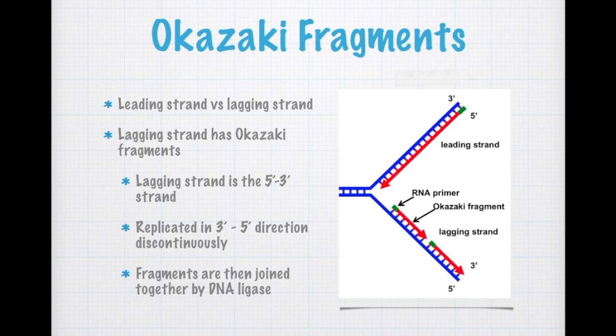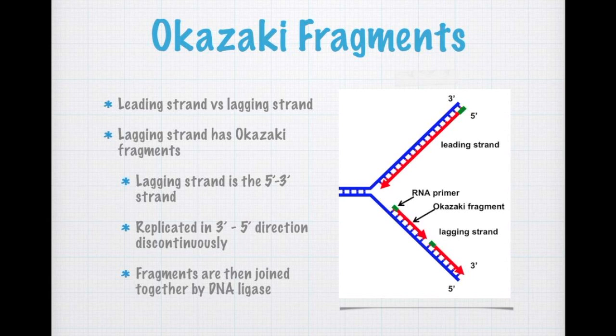Since that's where the free 3' end is, that's considered the leading strand. If you look at the picture, you'll see that the polymerase works in a 5' to 3' direction towards the replication fork, which is at the middle. This allows the leading strand to be replicated continuously. There's no breaks in it.